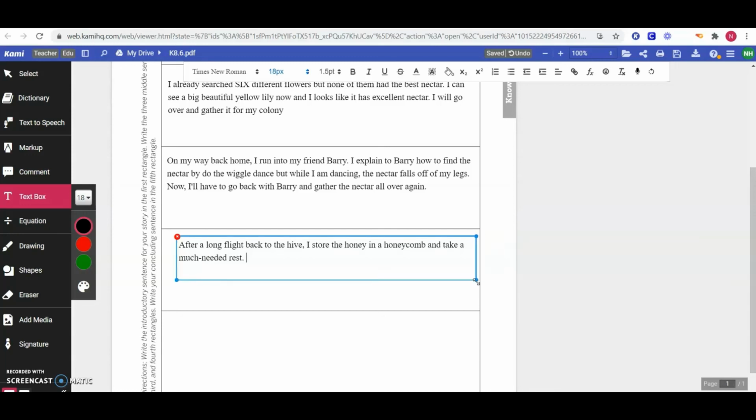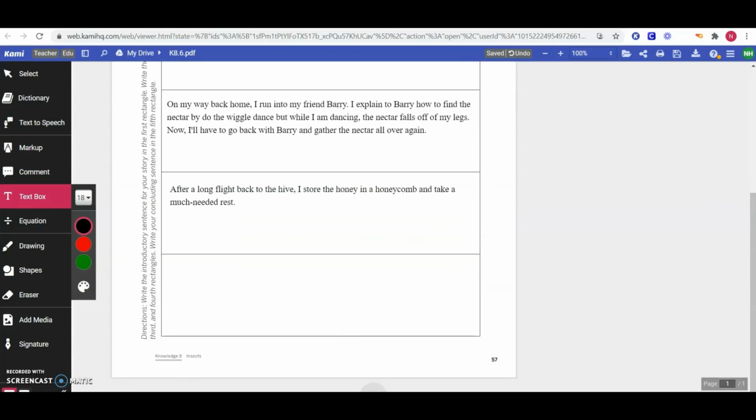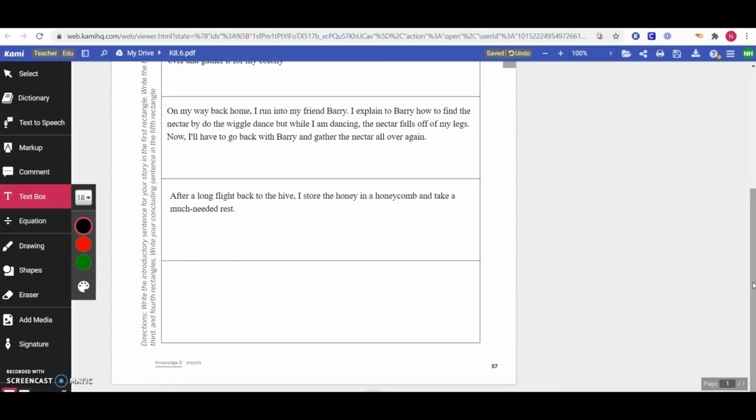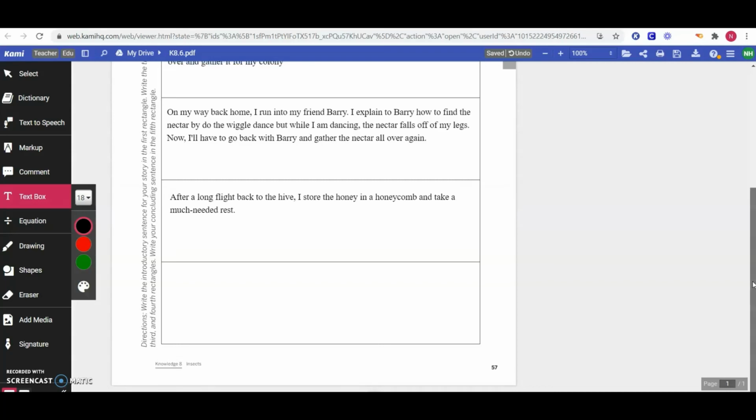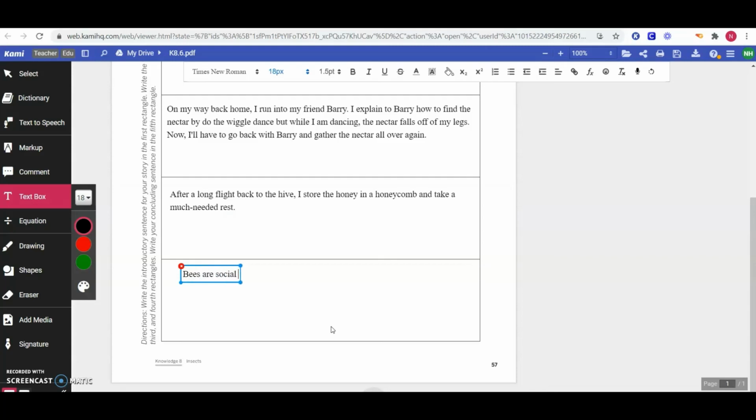The very last box, not paragraph, or sentence is going to be your concluding sentence. A concluding sentence wraps up the story and summarizes it, kind of gives it a nice summary, a nice ending. I'm going to give my audience some more information about bees.